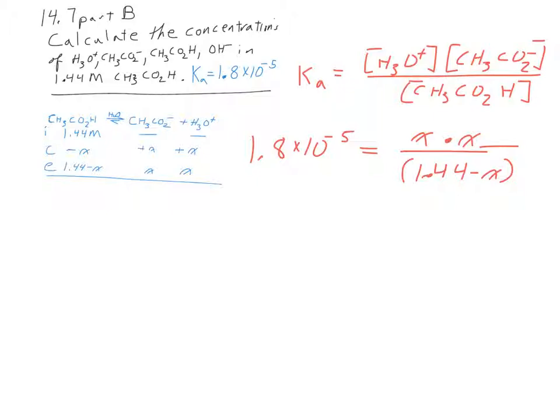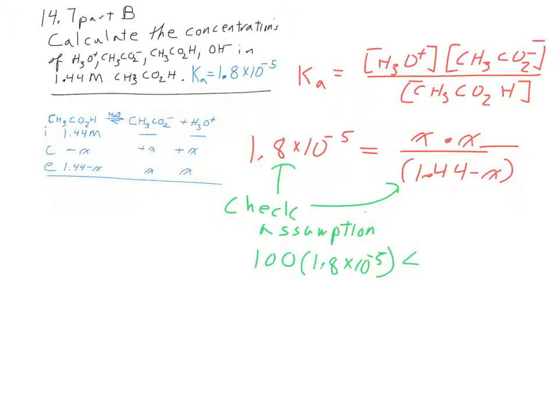And what I'm going to do is, it looks like I have low values here. So I'm going to check and see if I can make the assumption that 100 times 1.8 times 10 to the negative fifth is less than 1.44. And it is.